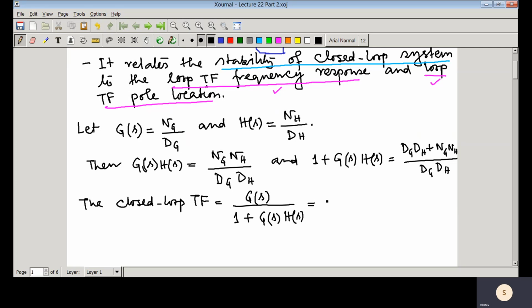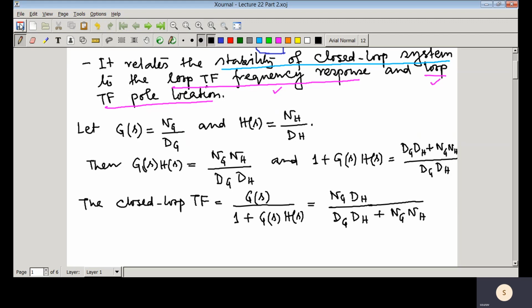If we replace it, we get NG DH divided by DG DH plus NG NH. In the Nyquist stability criterion, it is very important to understand the poles and zeros of the loop transfer function and the poles and zeros of the closed loop system.